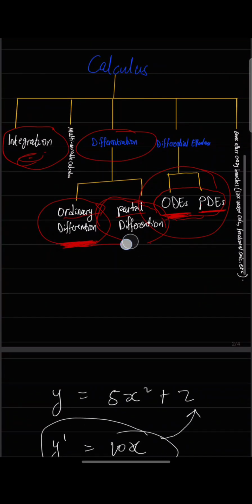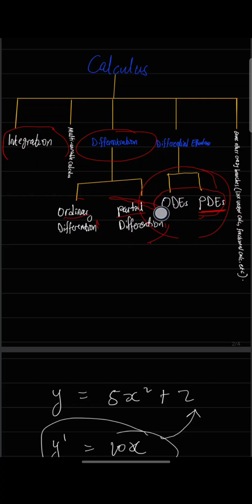There is a distinction between all of those, okay? The distinction is that in ordinary differential equations, you only deal with the rate of change with respect to one specific variable, or you deal with single variable functions. You don't deal with multiple variable functions.